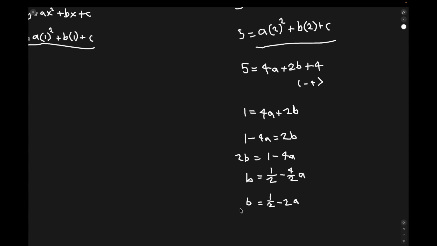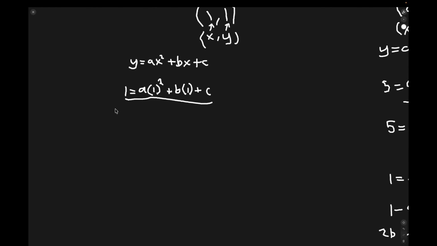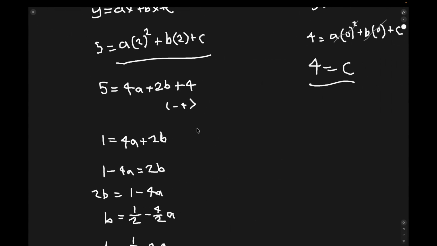Now that we have what b equals in terms of a, we're going to go over to the first equation, and wherever we see a b, we're going to put this expression. So 1 equals a times 1 squared, which is just a, plus b times 1, which is just b, plus c, which we know is 4.